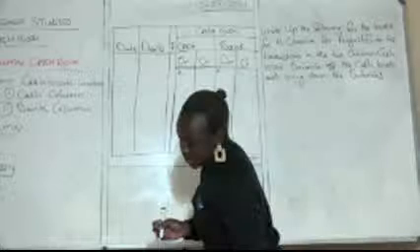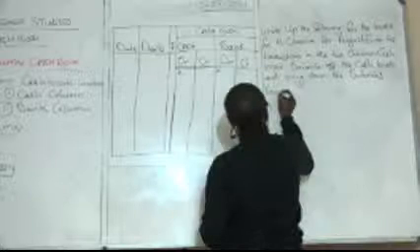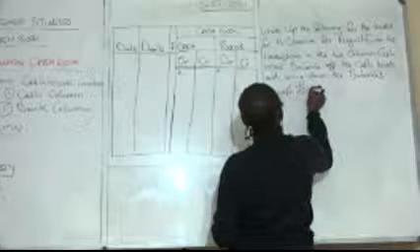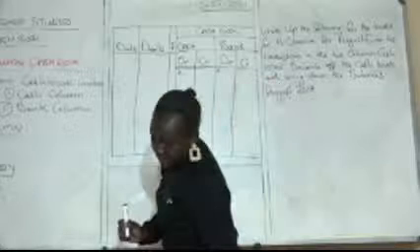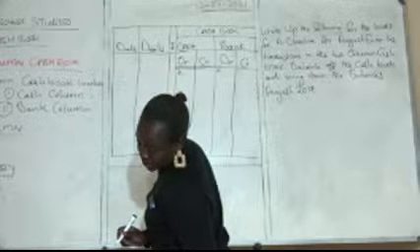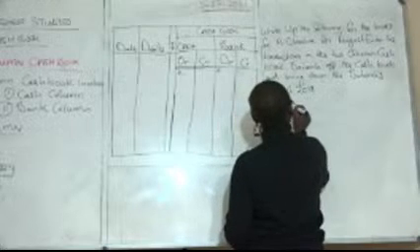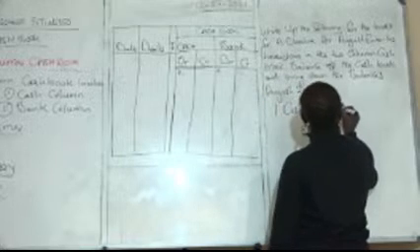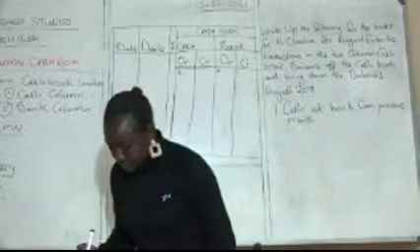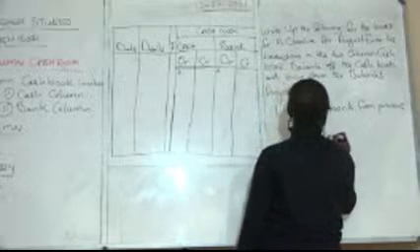So we're dealing with the month of August 2019. On the first, cash at bank from previous month, and then cash in hand.